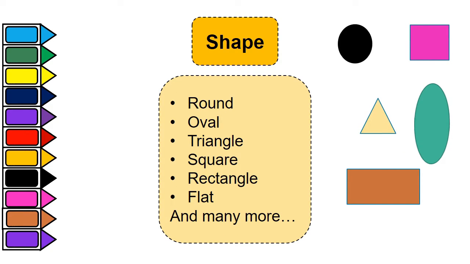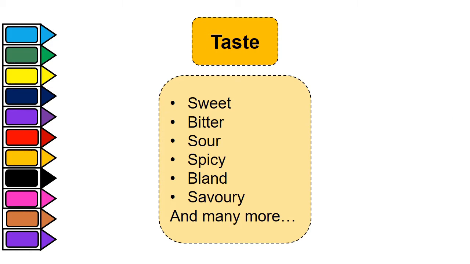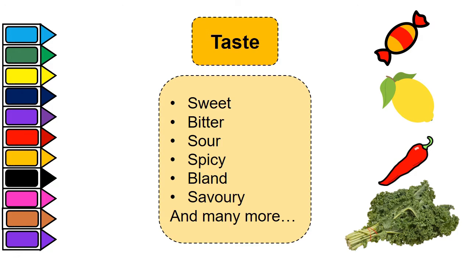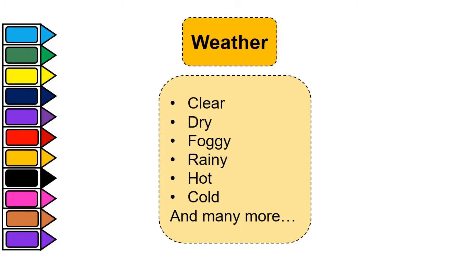Let's take a case of a shape, such as round, oval, triangle, square, rectangle, flat, curved. You can use such words as a describing word. Let's take the case of taste, such as sweet, bitter, sour, spicy, bland, and savory.